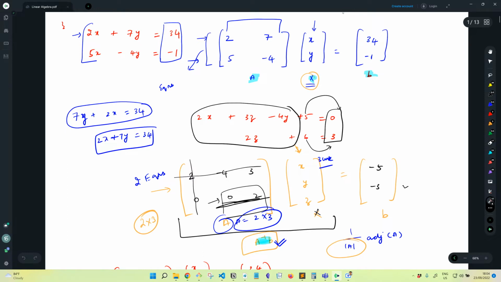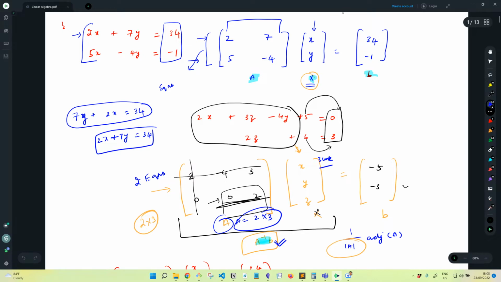Once you freeze the order of the variables in the vector, you will start filling in entries in A in the same order, right? Because I have put x, y here, you need to put the coefficient of x in the first column and coefficient of y in the second column, right? I hope you must be very comfortable now with how to translate a given system of linear equations to matrix format.